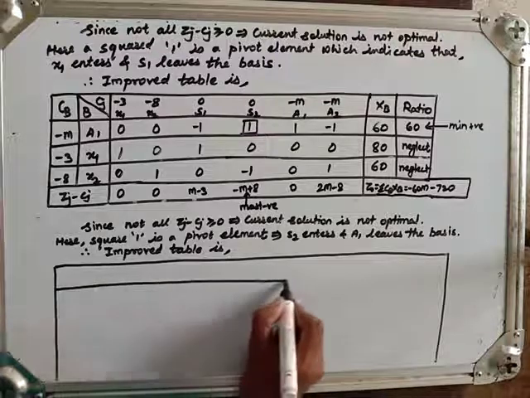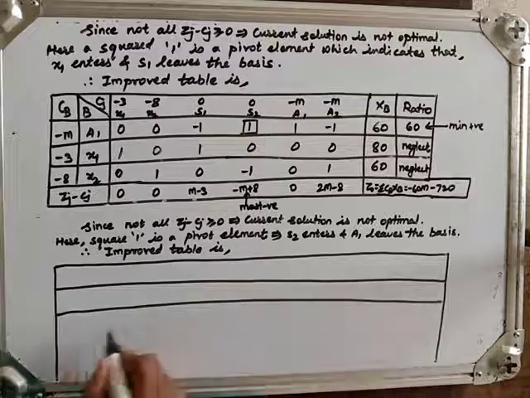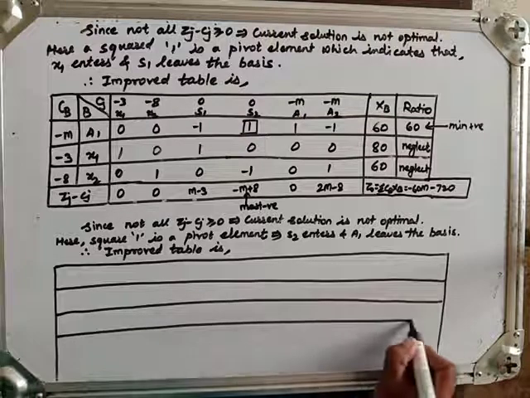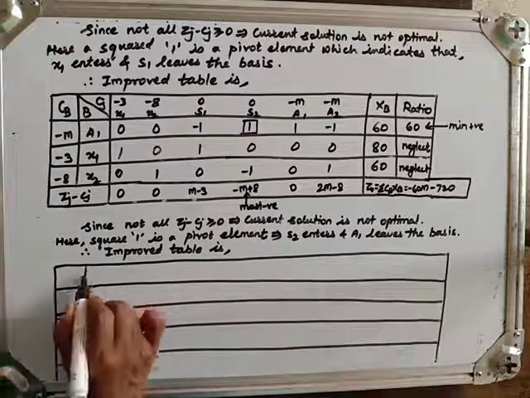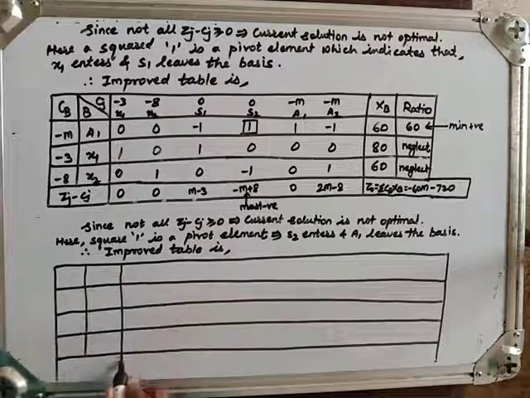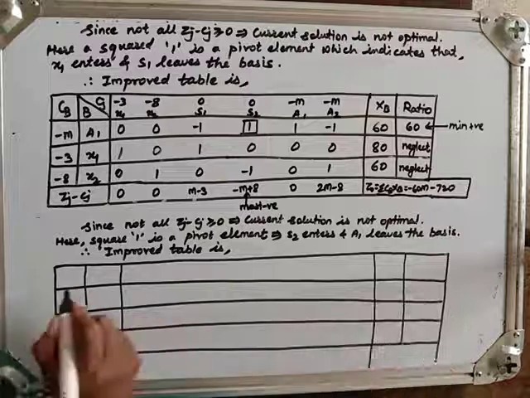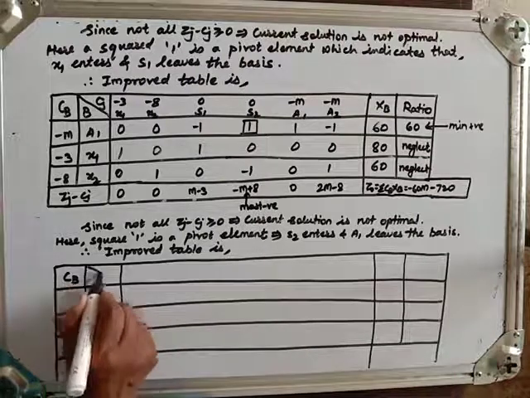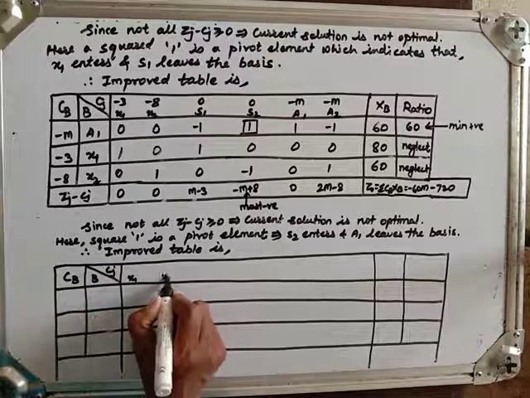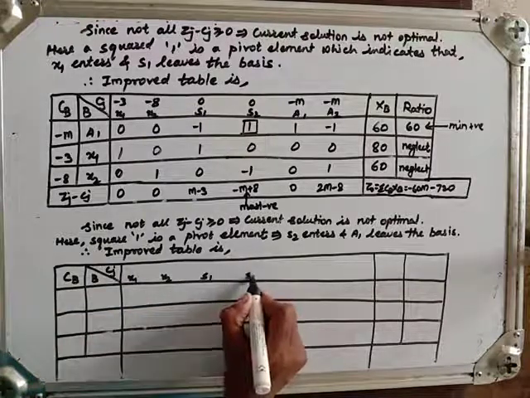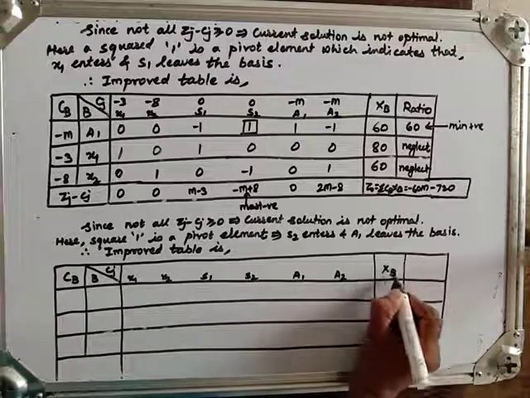So the improved table is CB, B, CJ, X1, X2, S1, S2, A1, A2, XB ratio.